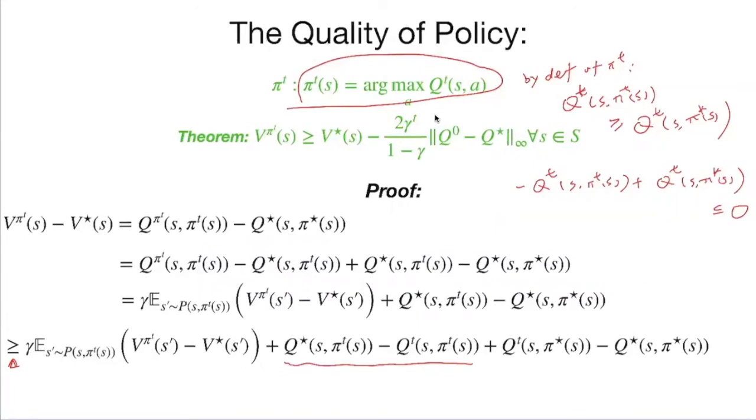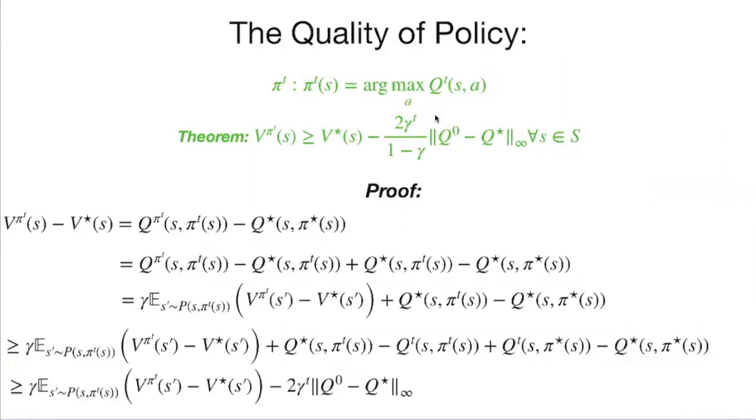That's nice because we know that the difference between Q star and Qt is bounded by the value iteration convergence argument. Now look at the second term. This is the difference between Qt and Q star again, measured at the same state action pair, s and pi star of s. That's also nice because we know how to bound it. Value iteration convergence tells us that Qt and Q star are very close to each other at every state action pair.